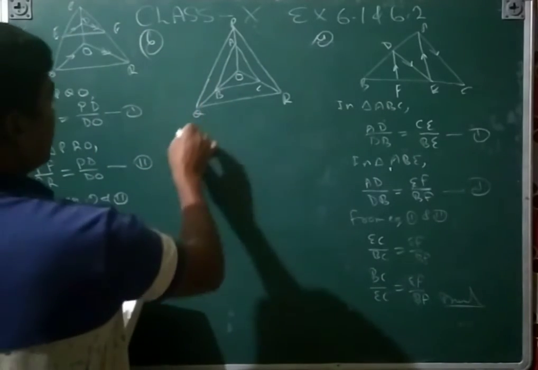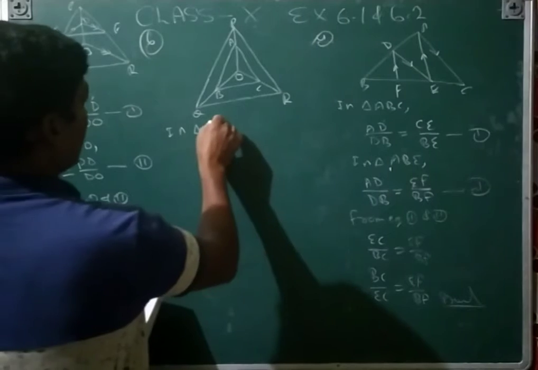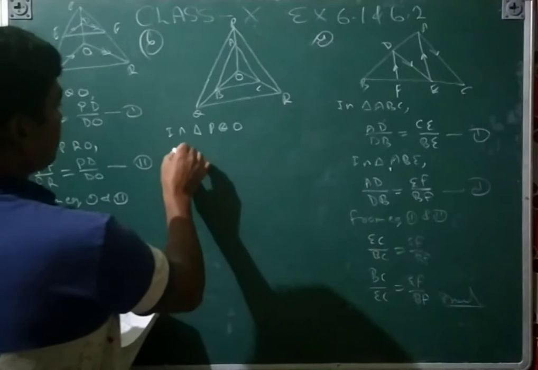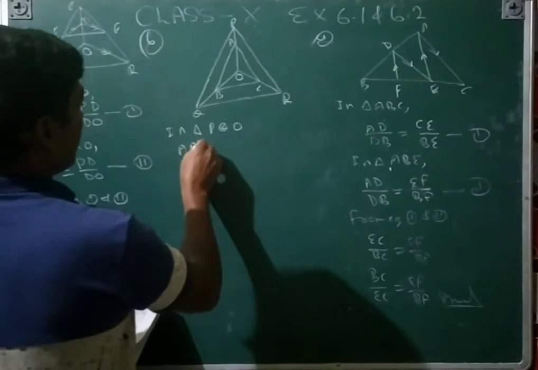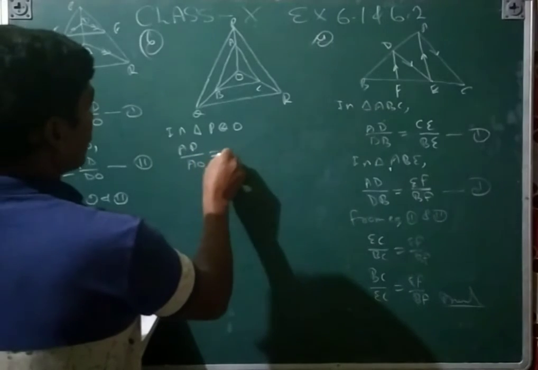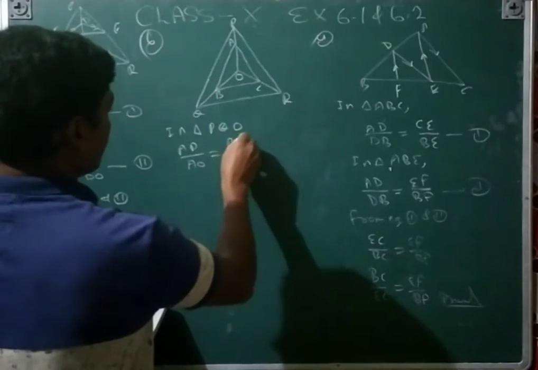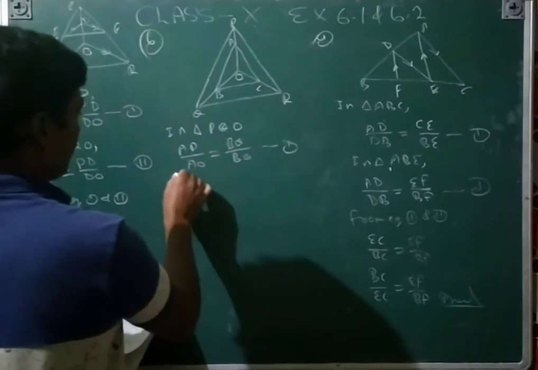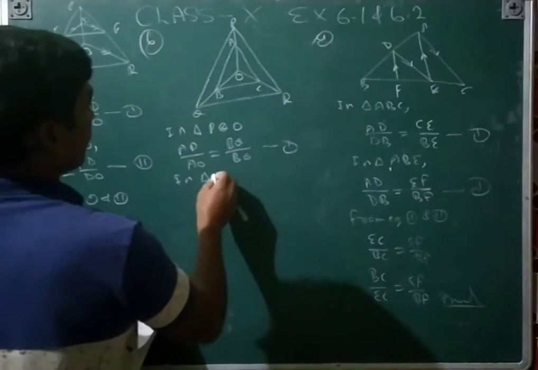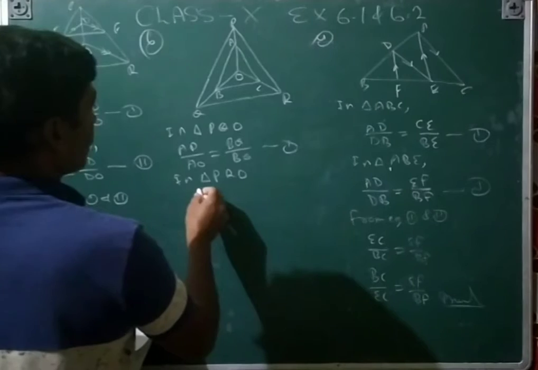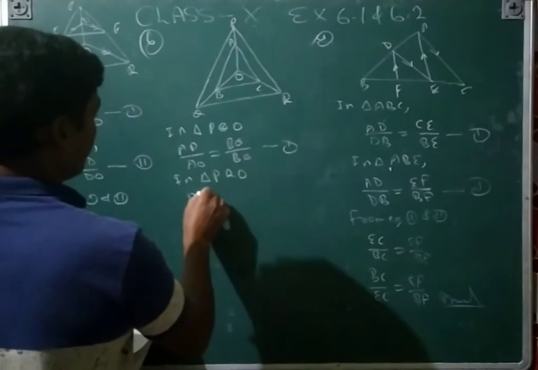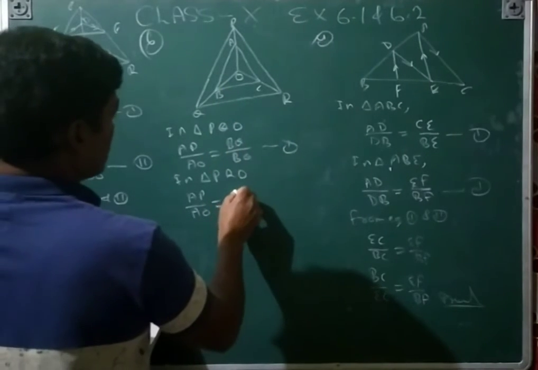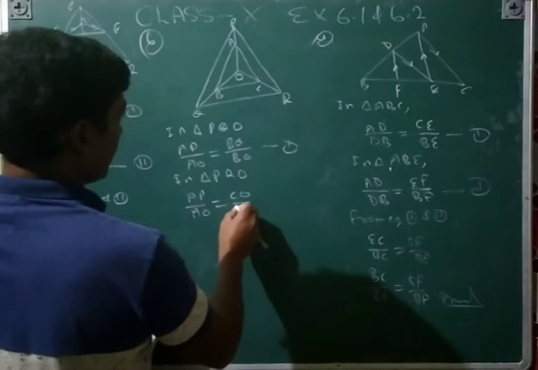So first of all we will take in triangle PQO, AP upon AO is equal to BQ upon BO, because these are the parallel lines. In triangle PRO, that will be same, AP upon AO is equal to CO upon CR.